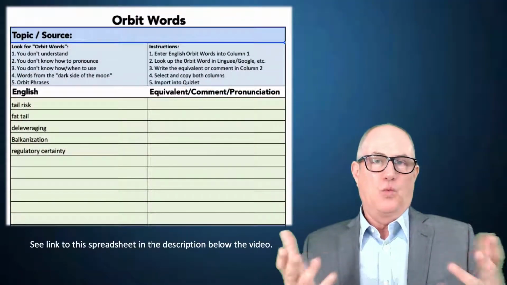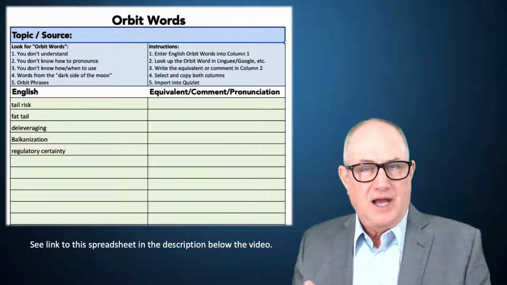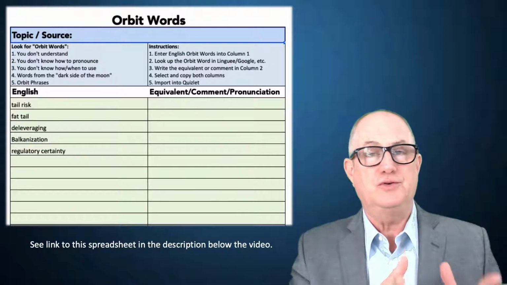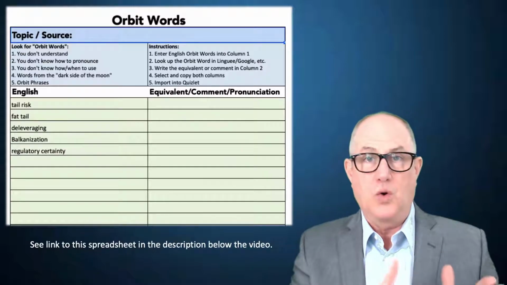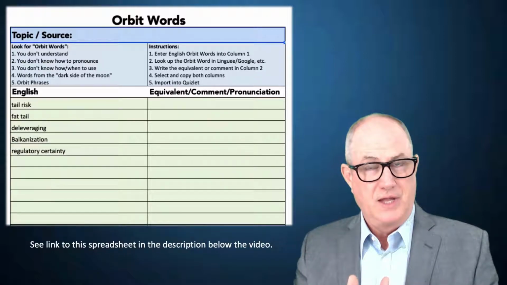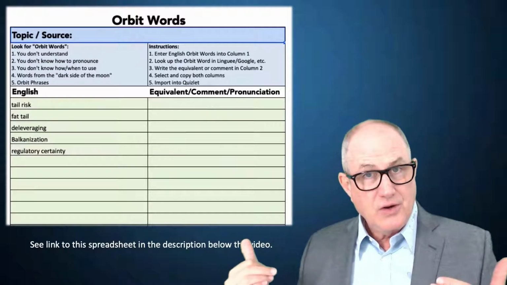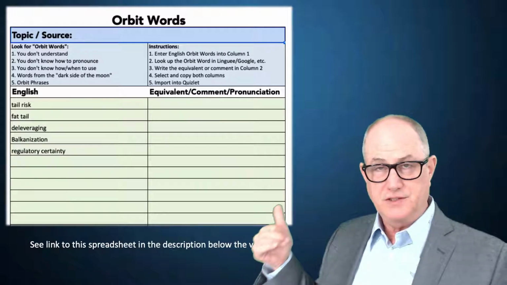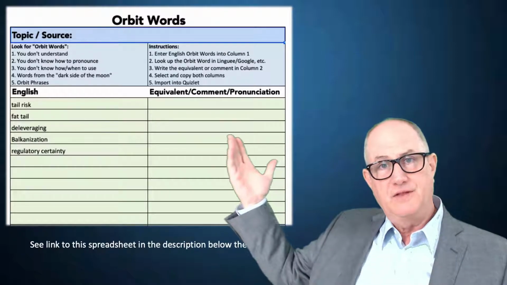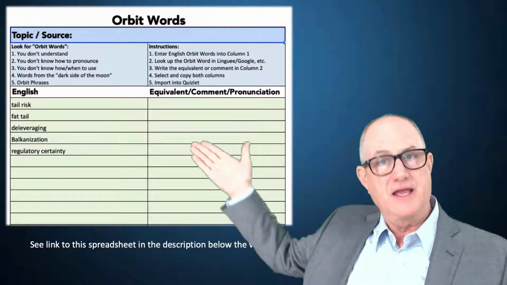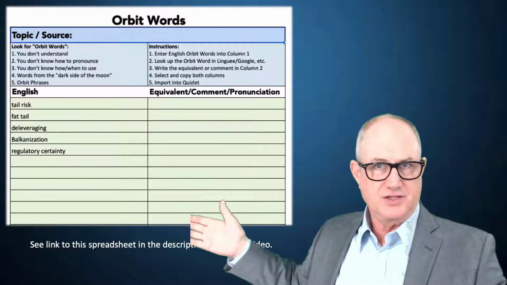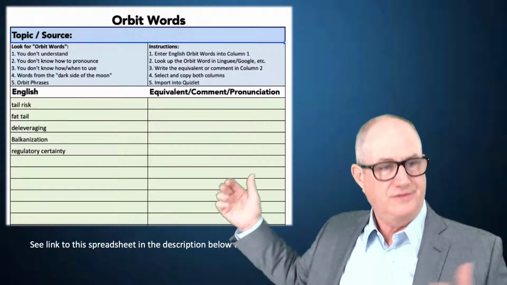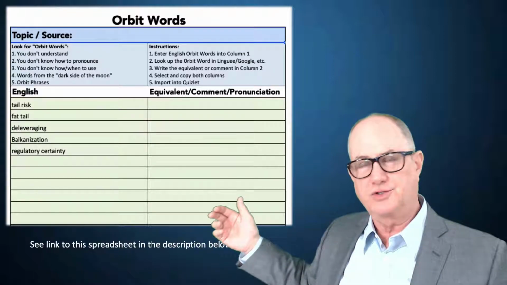And once you have the words in your notebook, I want to encourage you to take one more step, and that is to enter them into an Excel sheet or a word table. What you can see here is a template that I use. This is an Excel sheet template. And in the left-hand column, I have already put in the very same finance words that we saw earlier. Tail risk, fat tail, deleveraging, balkanization, and regulatory certainty.